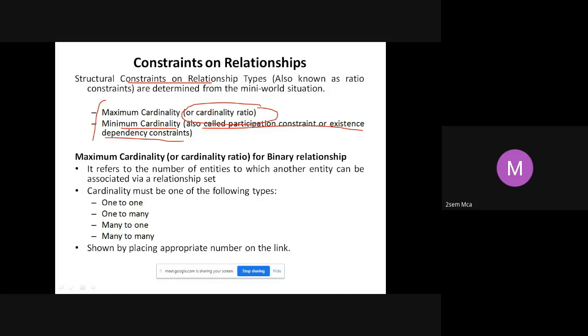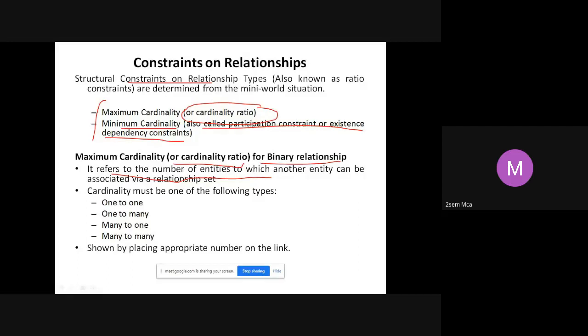Okay. First, let us begin with what we mean by maximum cardinality or cardinality ratio for the binary relationship. Binary relationship means there are two entities participating in that relationship. What do we mean by maximum cardinality? It refers to the number of entities to which another entity can be associated.